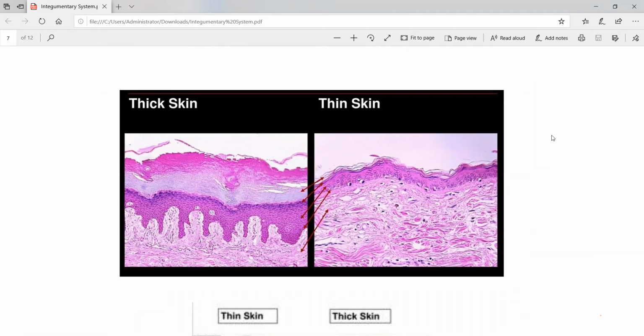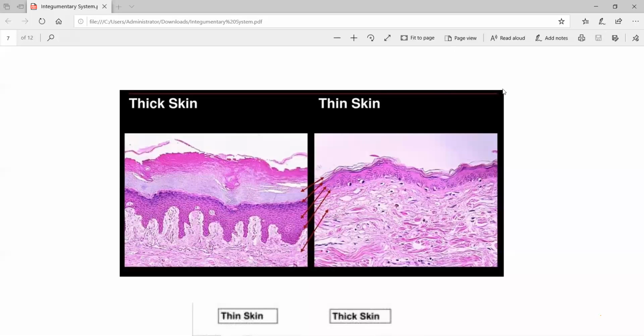The one on the picture on the left is thick skin, and the picture on the right is thin skin. What you can see is this picture on the left has a very thick stratum corneum. Again, that's your big indicator. That's your big telltale sign. So all of this right here is going to be your stratum corneum. Right here, that's all your stratum corneum on that one. So you're seeing a very thick stratum corneum on thick skin and a very thin stratum corneum on thin skin.